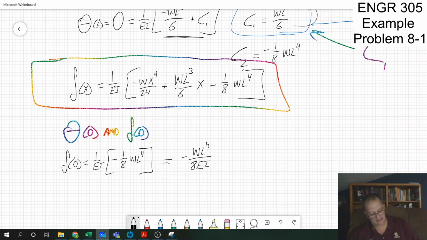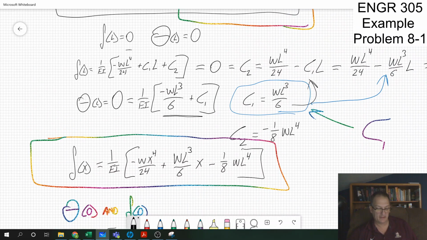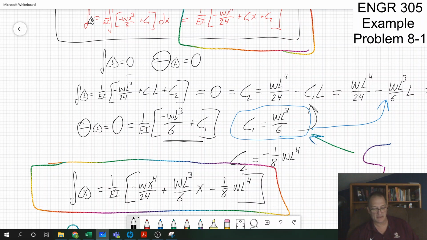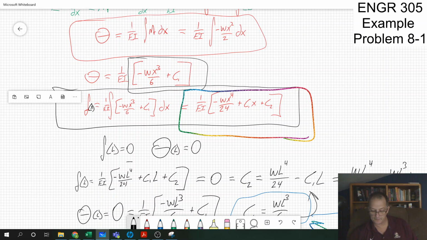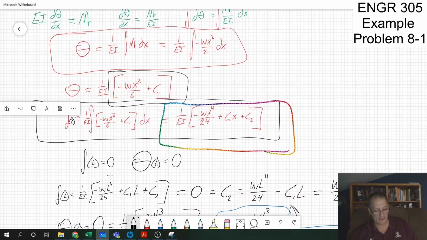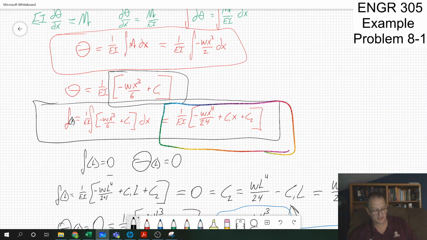And then last, theta of 0 is equal to, and here I didn't write out the equation explicitly, but theta at 0, well, that term goes away, so it's 1 over EI times C1. See that? It's 1 over EI times C1.